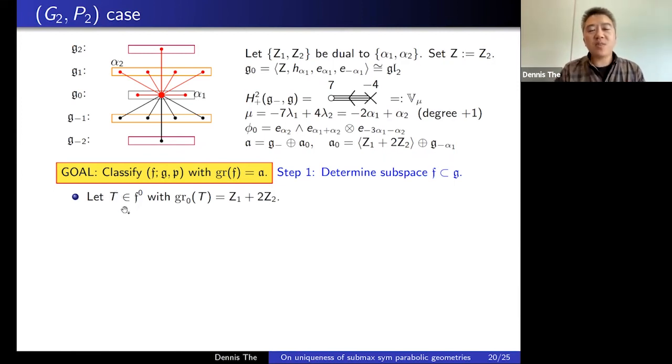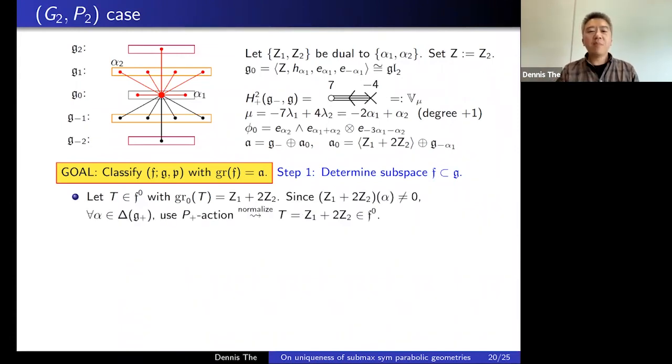Let's start with the 0 part, because there are a lot of restrictions on the 0 part. It acts algebraically. Things are nice. Let's take some element T in the 0th filtrand, whose associated graded leading part is precisely this. So this T is equal to this guy plus some higher order tails, in the 1 piece and the 2 piece, etc. But then just use the adjoint action by P plus.